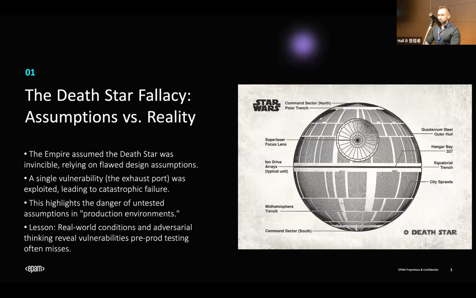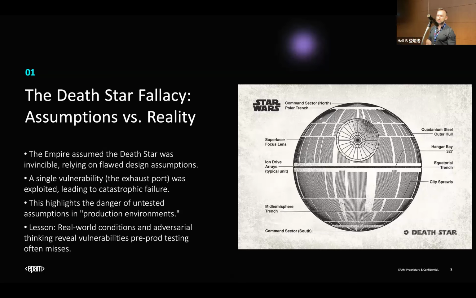So let's start in a far away galaxy with a Death Star. I'm pretty sure most of you have seen the original Star Wars movies, and you remember that the Death Star was built with one purpose, that it is indestructible. And if you remember, it was destroyed.